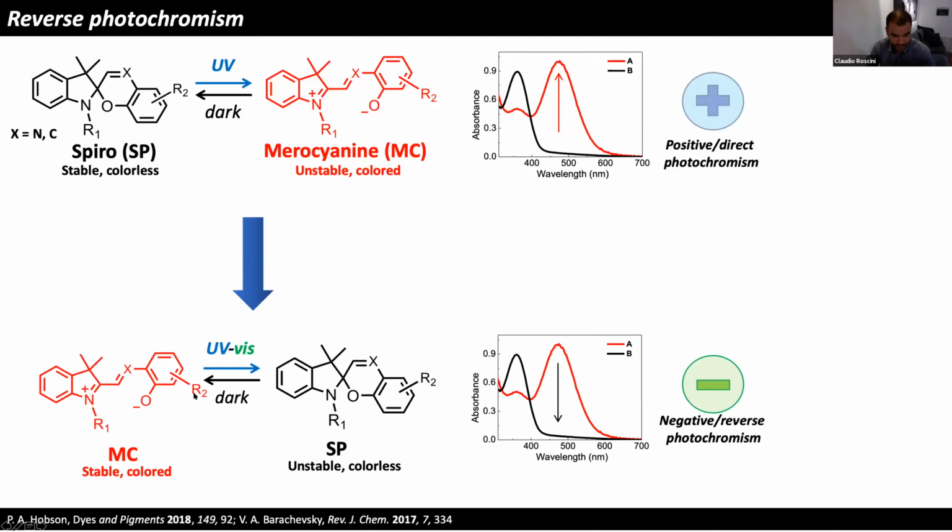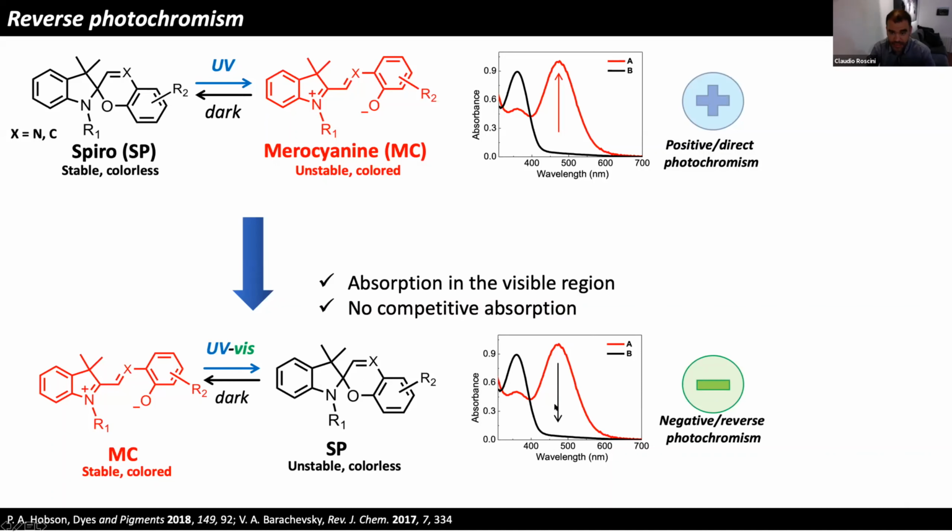So once you have this, usually in a very polar or acidic environment, when you irradiate this, you induce the re-enclosure of the molecules and the discoloration of this, which now goes back to the initial state when you go in the dark, in the color state.